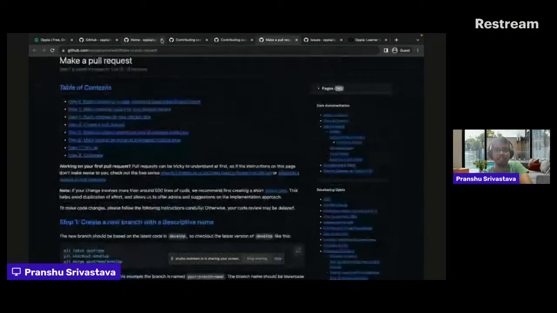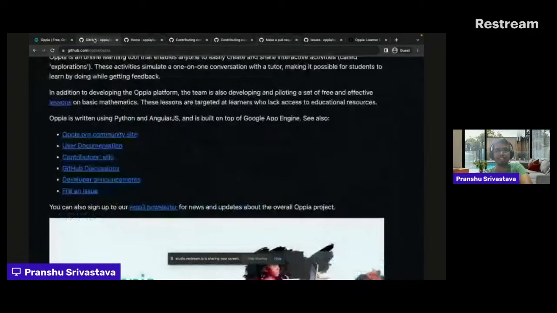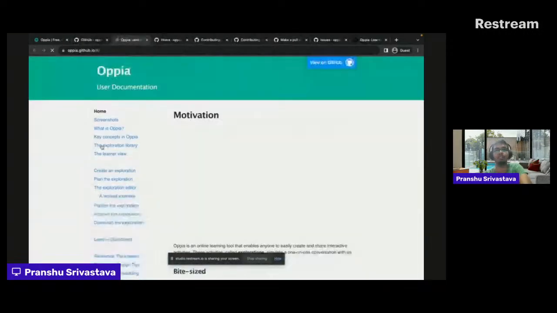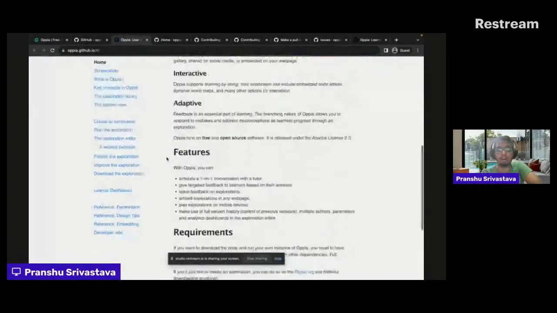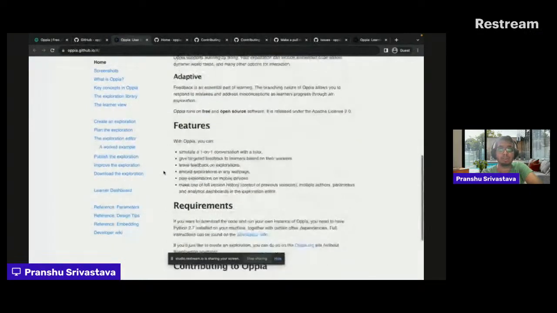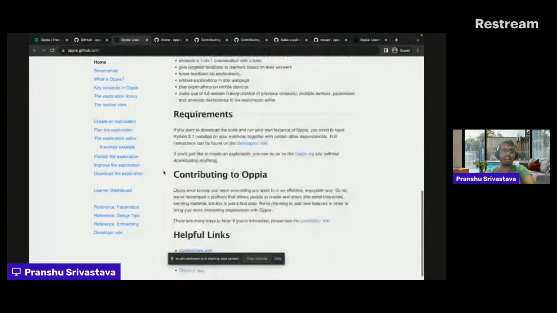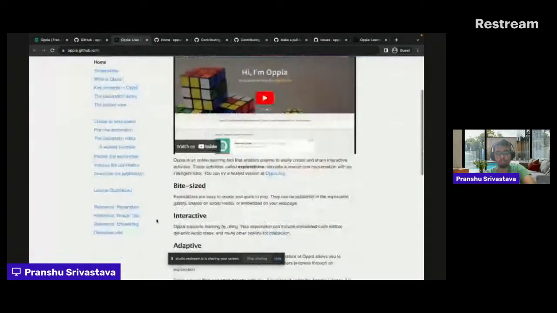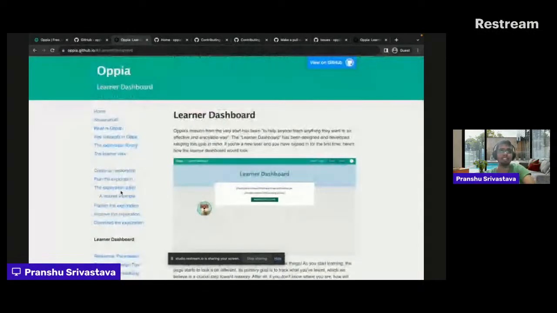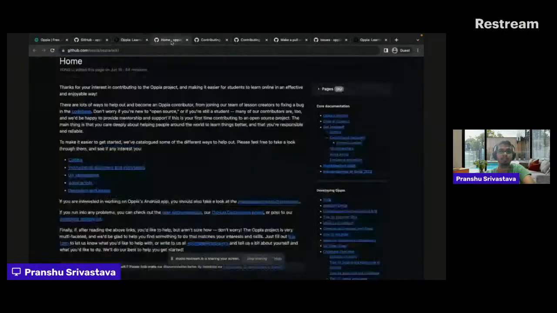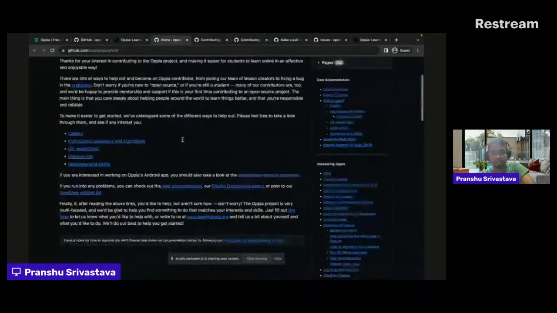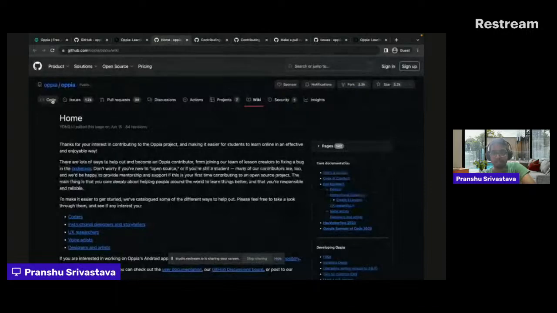And as you can see in the user documentation, none of this is mentioned. You just have all the things that you need to use this project, and how you can use the different elements on the website of the OPF Foundation.